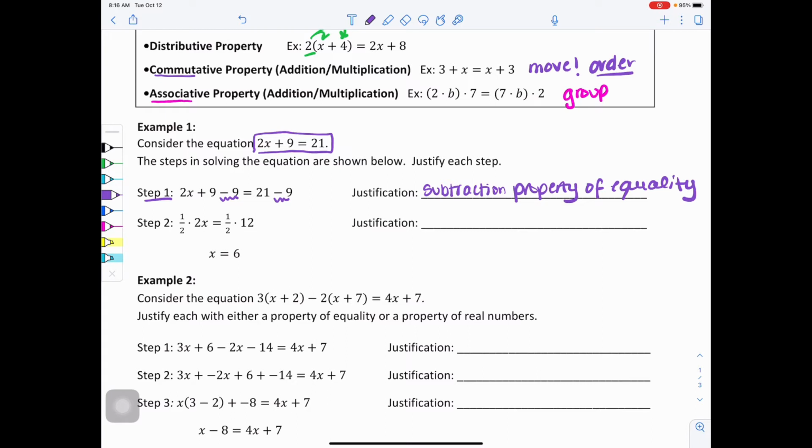Then when I look at step 2, I see that I am multiplying by 1/2 on each side in order to solve this and get that x is 6. So that would be the multiplication property of equality. I multiplied on both sides to keep it equal and therefore was able to solve and get x equals 6. So there's a short example of what we will be doing in this lesson.